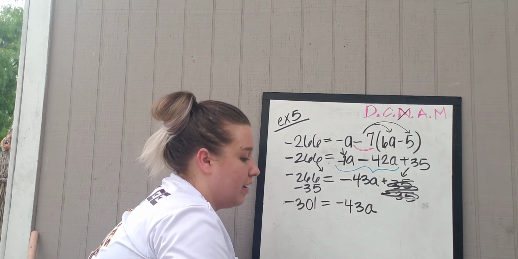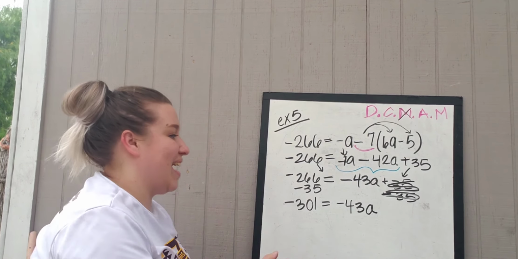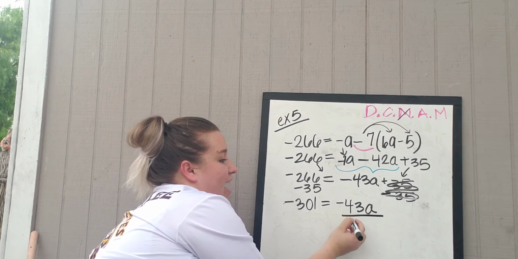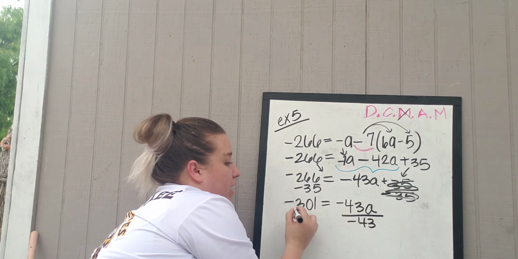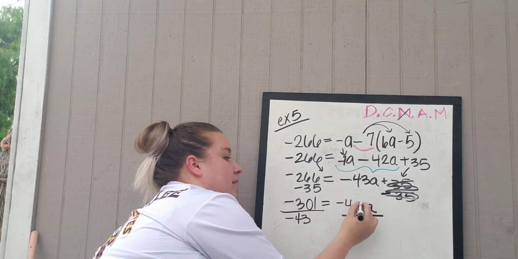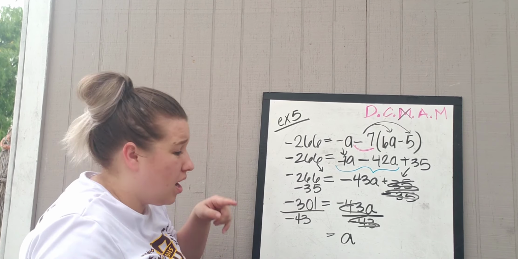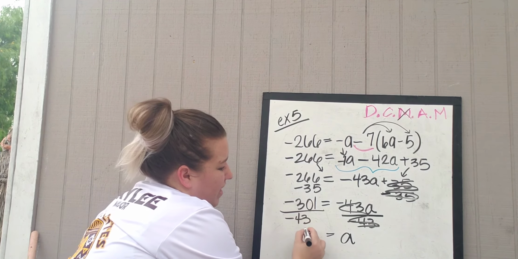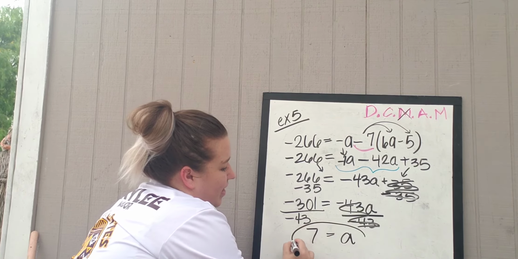Alright, last step. We are going to divide by negative 43. Okay? That cancels. And here we have a equals negative negative becomes positive, and we get 7.